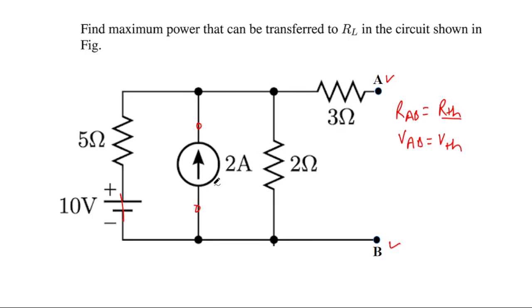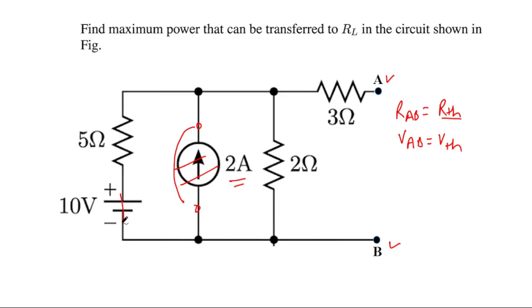The objective of open circuiting this 2 ampere source is that when you remove it, the current from here to here becomes 0. Earlier the current was 2 ampere, now the current becomes 0, so the current source becomes ineffective.